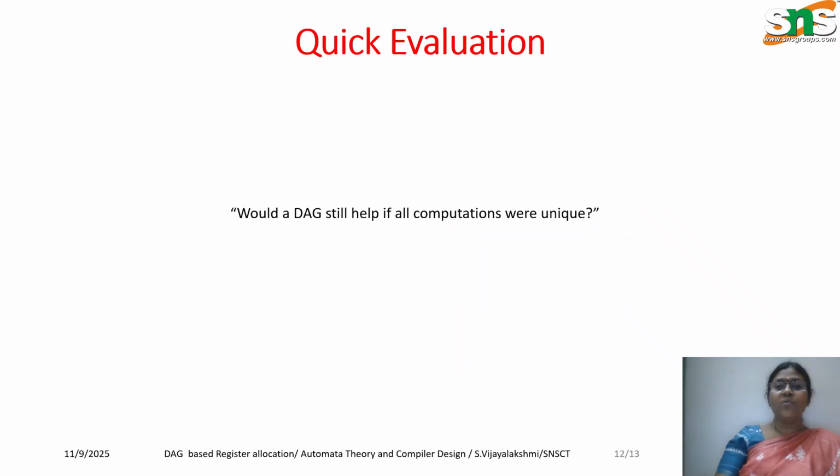Now a quick evaluation: would the tag still help if all computations were unique? The answer is no, but it doesn't hurt. It still ensures correct dependency order. That is the power of tag-based register allocation. It is the backbone of optimized machine code generation.